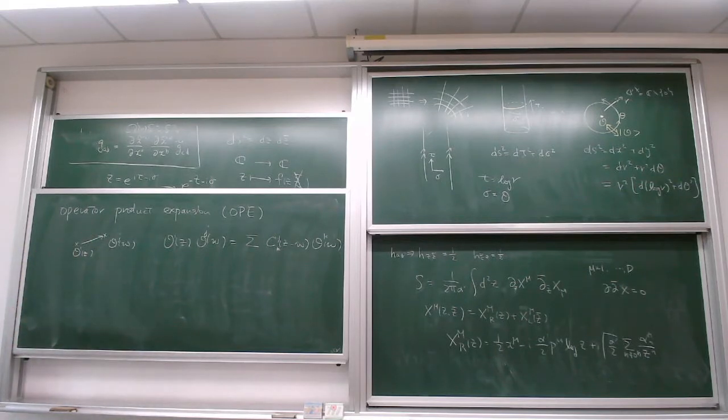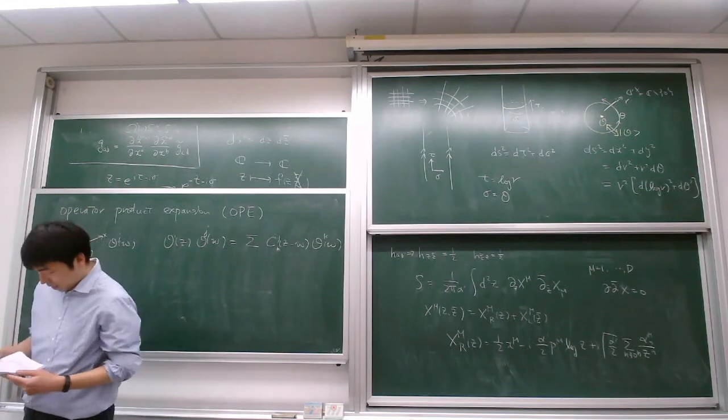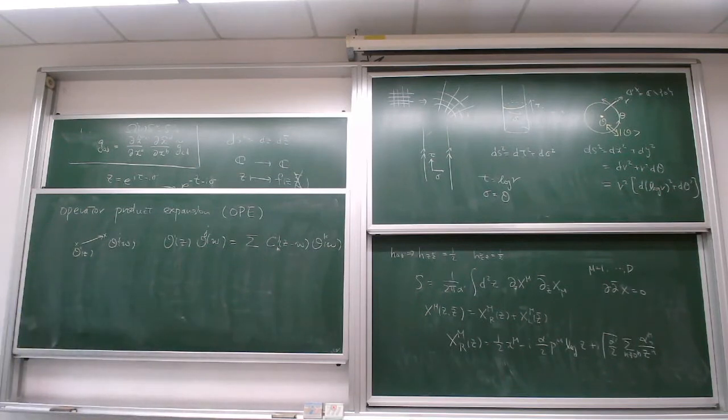It gives a lot of information about the conformal field theory. And then we will use the free scalar as an example to understand how this operator product OPE works.